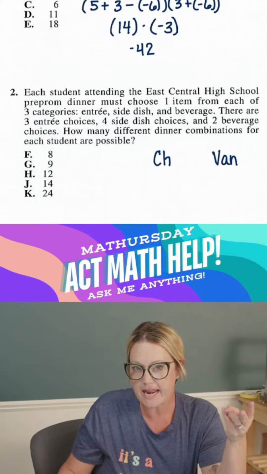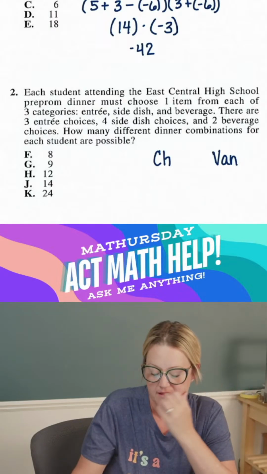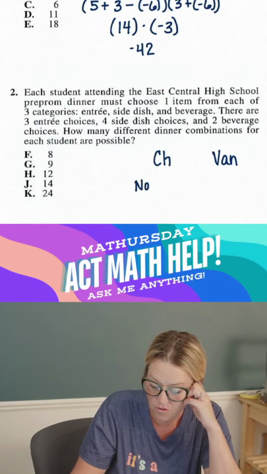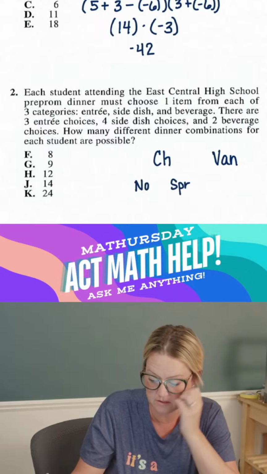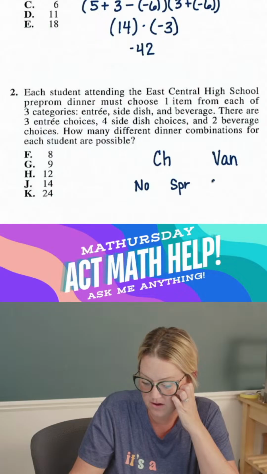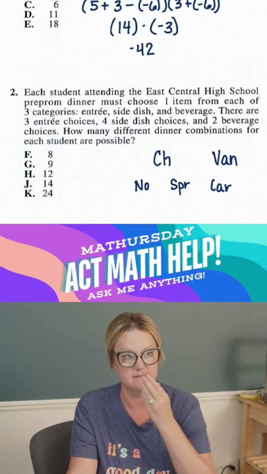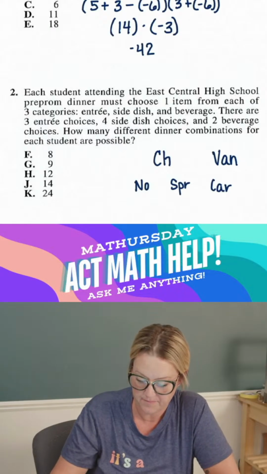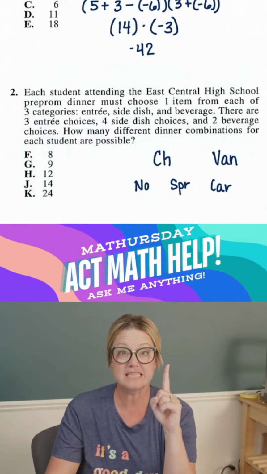Now, if I start adding in toppings, let's say I could get chocolate or vanilla, and then for toppings, I could get none, or sprinkles, or caramel sauce.